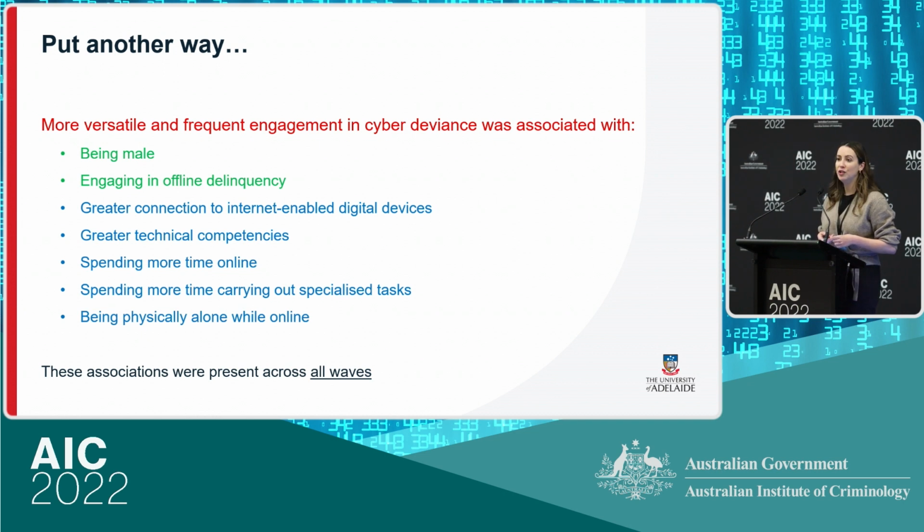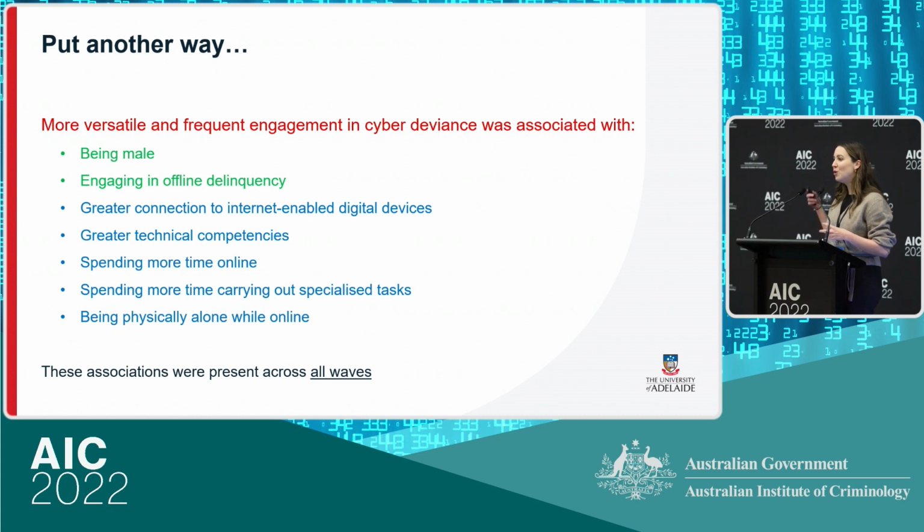And they were spending more time carrying out specialised tasks, things like coding, using cloud software, and more things that require more technical skill. And they were spending more time being physically alone while they were online, so not having anyone around them.